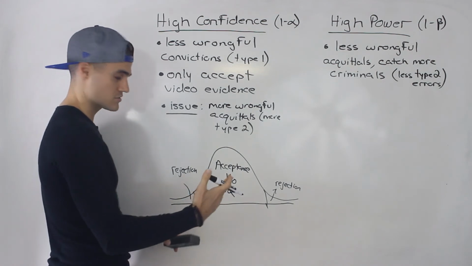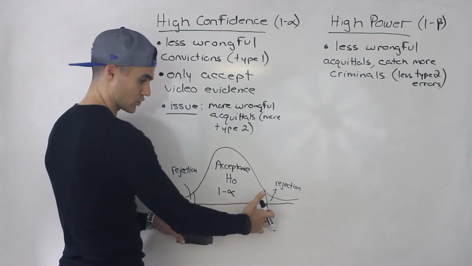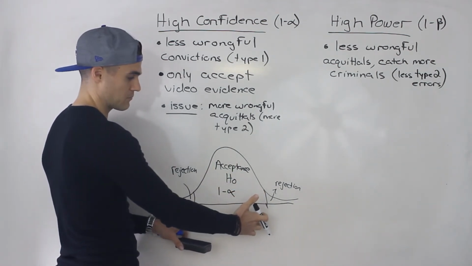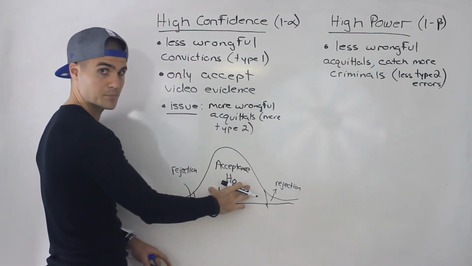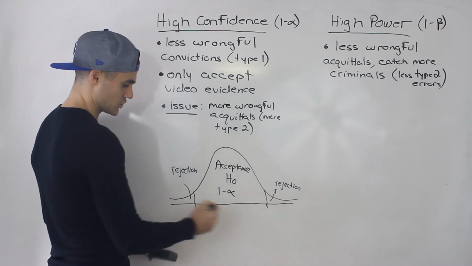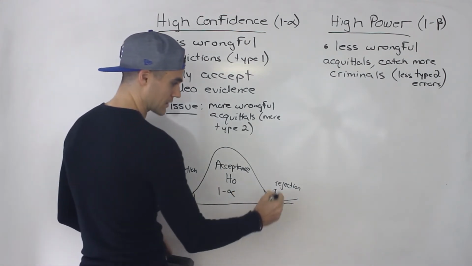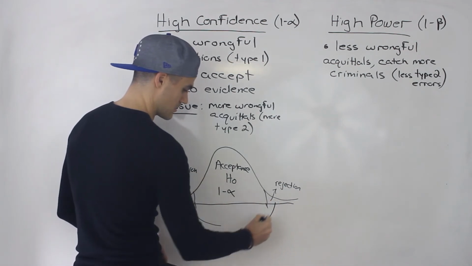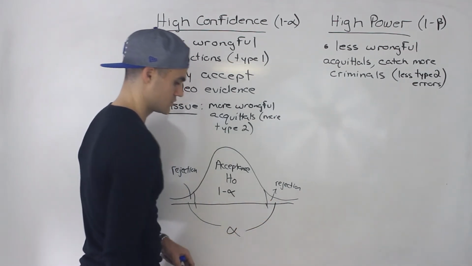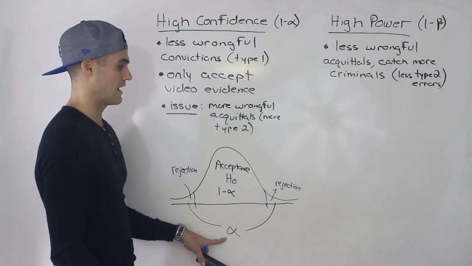And actually these two, this is like, remember confidence intervals, right? The higher the confidence, the larger the interval. Same sort of thing with hypothesis testing. The larger the confidence, the larger the acceptance region. And then the rejection region, these two, they add up actually to, let's maybe put arrows here, to that significance, to that alpha.